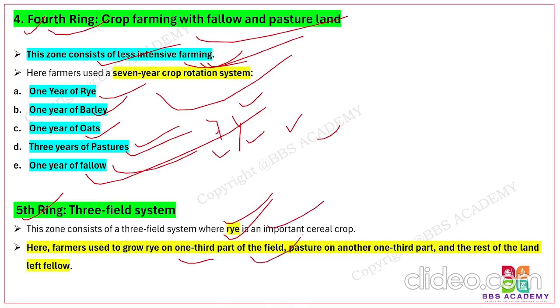The total areal coverage is 100%, but one third part of this area is cultivated by farmers with rye, another one third part of this region is used for pasture, and the rest of the land is used for fallow.